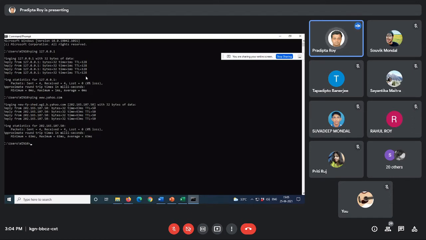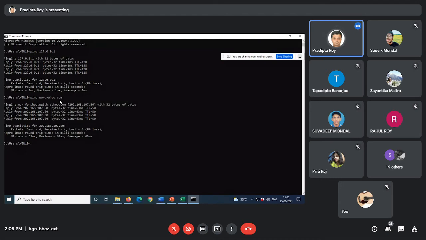So when I ping, we are basically sending a packet to that server. When we are sending that packet, it has to cross 78 routers or 78 junction points.